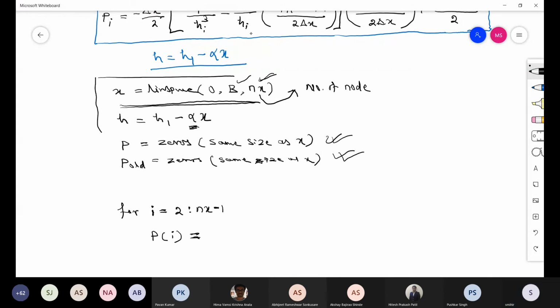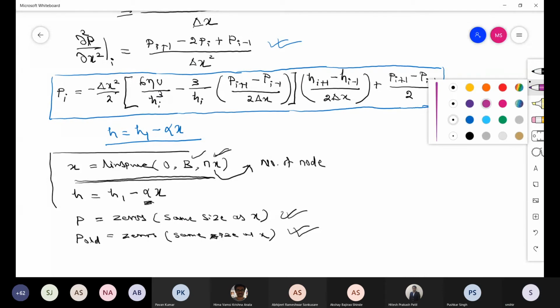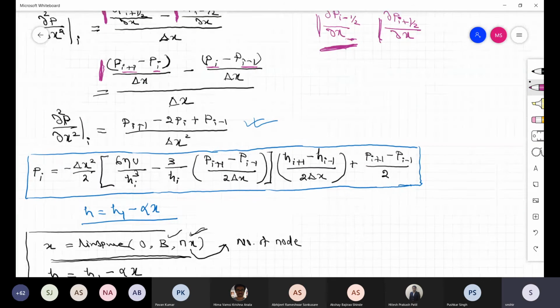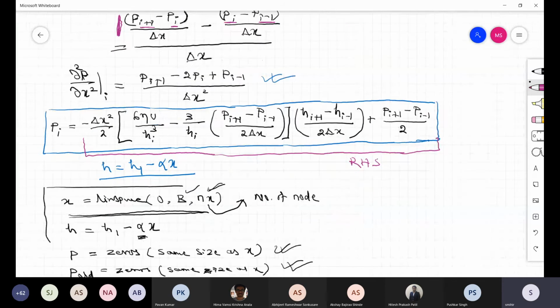equal to RHS. This is the right hand side, RHS of the expression. And this RHS of the expression you write here.